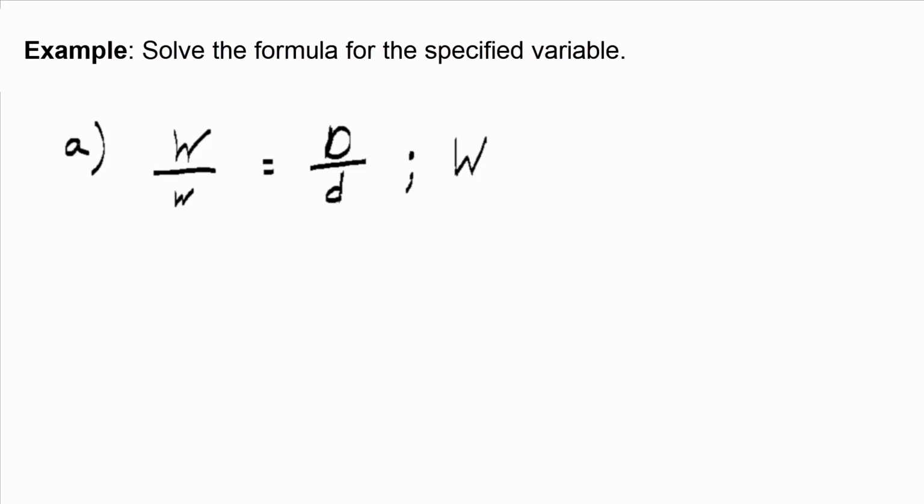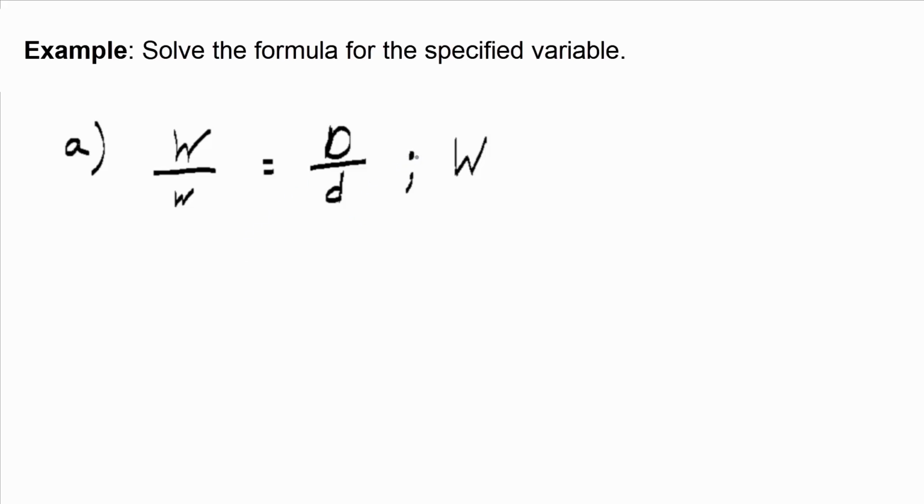Those are different letters, case sensitive. Same thing on the other side, uppercase D divided by lowercase d, different letters. Otherwise you'd get 1 equals 1, and that's a silly equation.